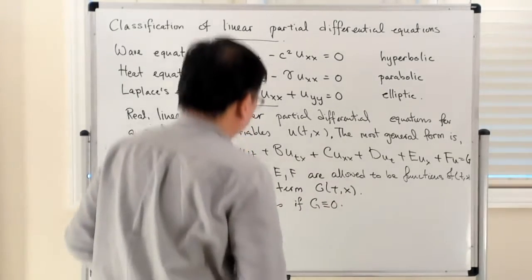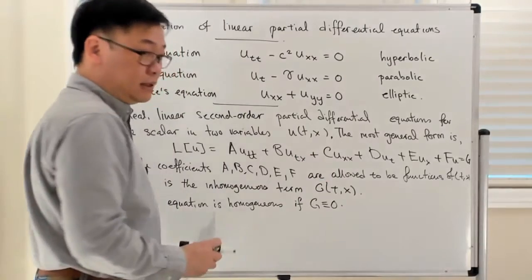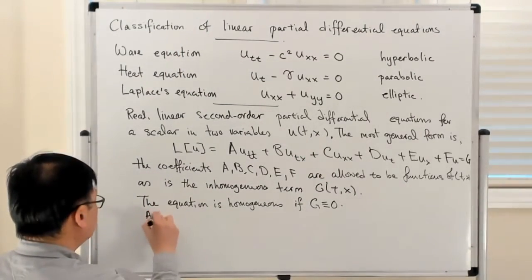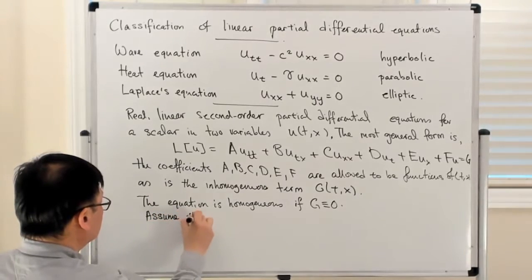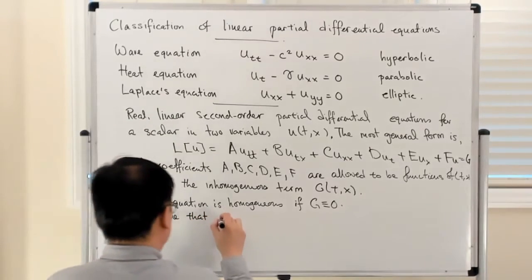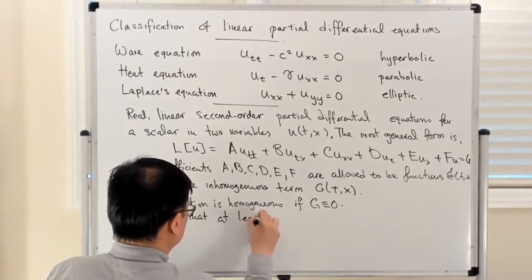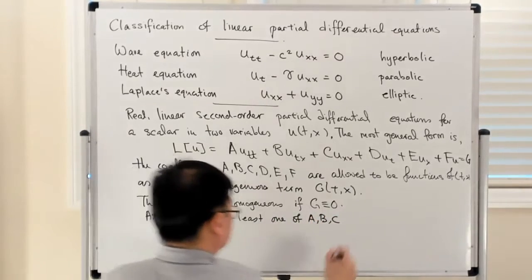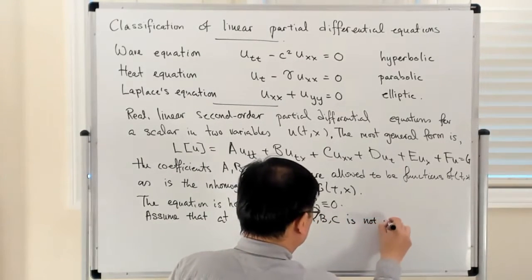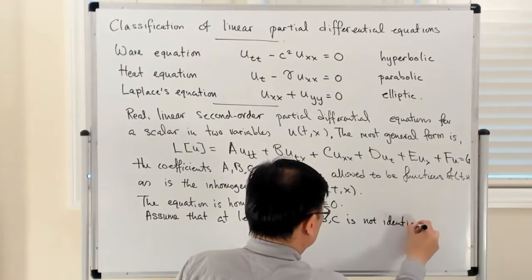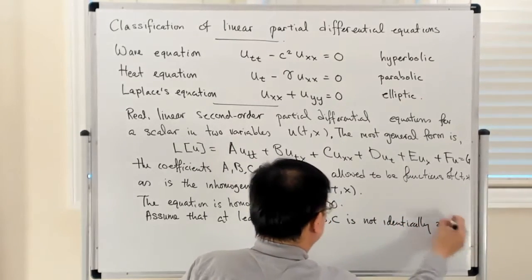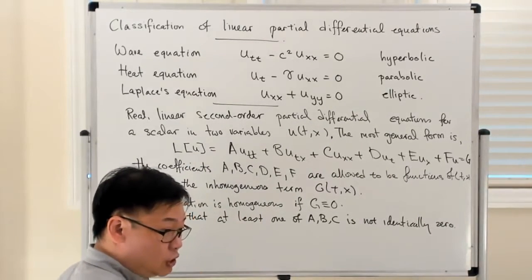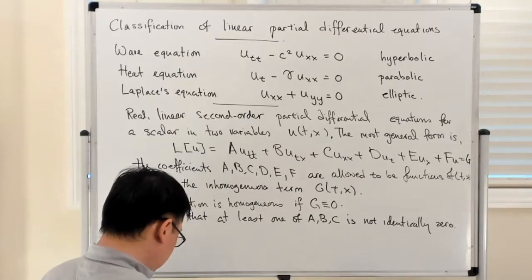And then we have to assume that at least one of a, b, or c is not identically 0, so that it actually is an honest to goodness second order partial differential equation instead of something which degenerates to a first order partial differential equation.